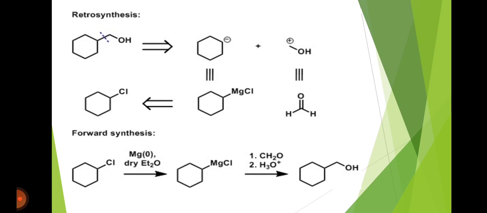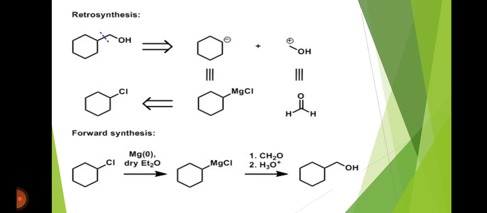By disconnection we get synthons, and from synthons we can assume which functional groups may be present. If there is a negative charge, we add MgCl, and here is OH, so we can easily add one H. From that we may conclude from which compound our C compound will be formed.